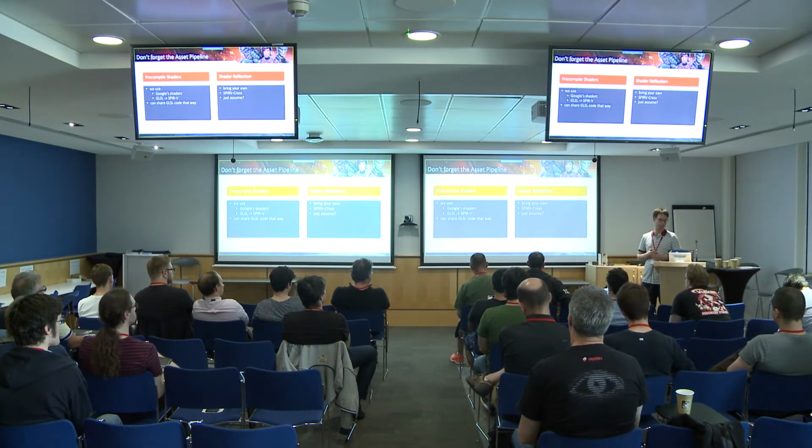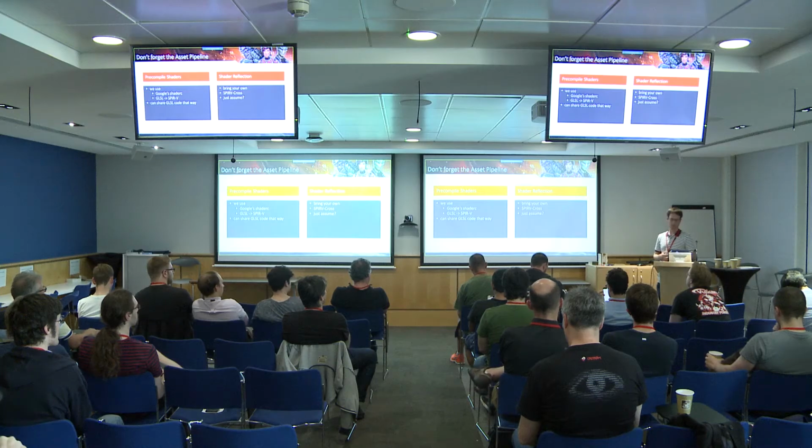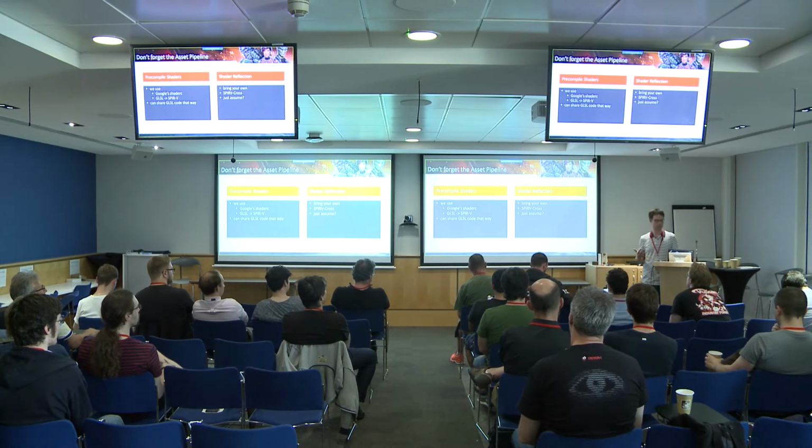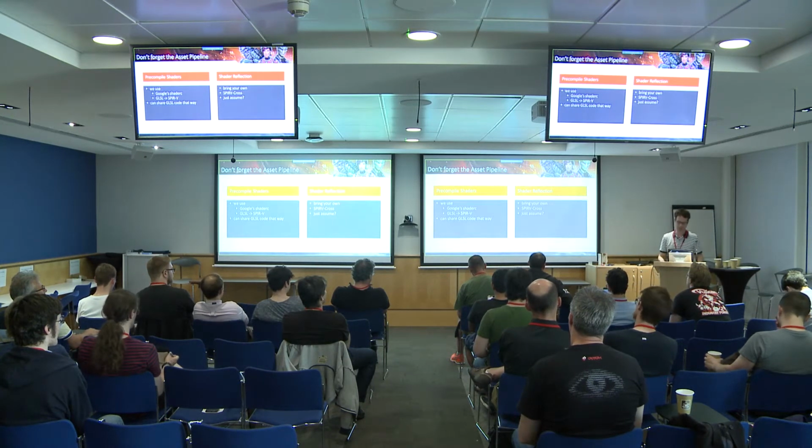Or you could do what we are currently doing. We are using SPIR-V cross. So we precompile the shader, load it at runtime, and then use SPIR-V cross to examine the SPIR-V code and figure out that way what uniforms and textures go into it. And I suppose if you had very simple shaders, you could just assume that they have specific inputs and just use them with the shader.